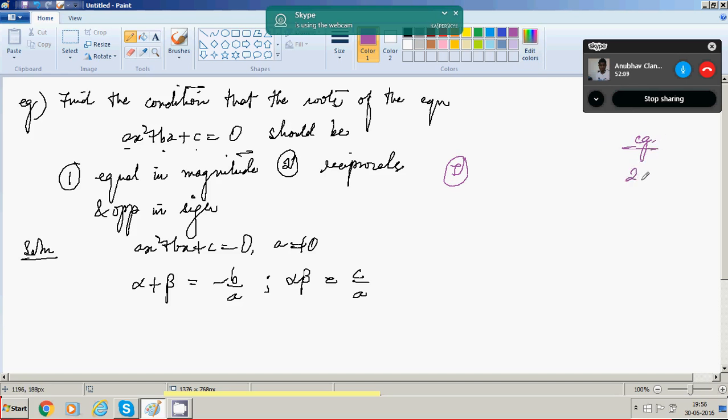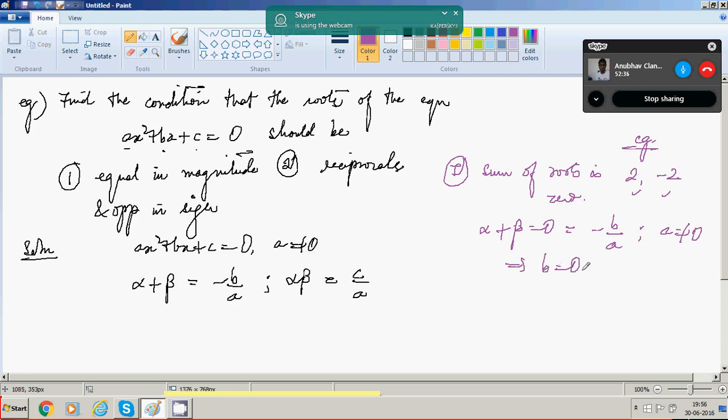If one root is 2, the other is minus 2. So they are equal in magnitude and opposite in sign. Then the sum of roots is 0. So alpha plus beta equal to 0, which is equal to minus b over a. Of course, a is not equal to 0, which implies b equal to 0. This is the condition for the first case.